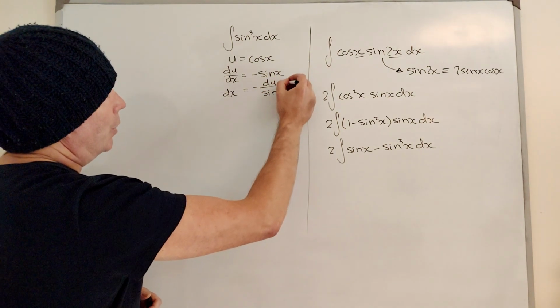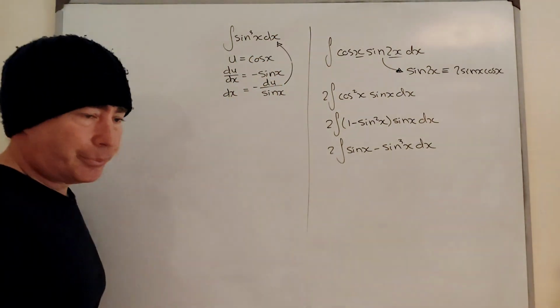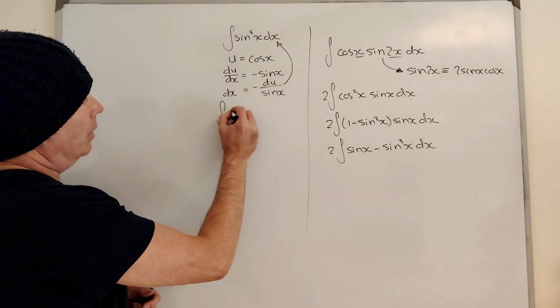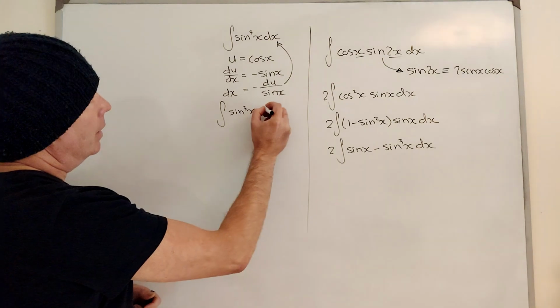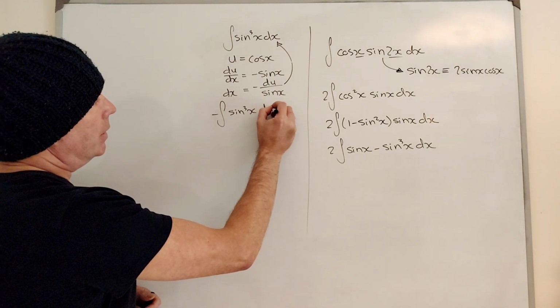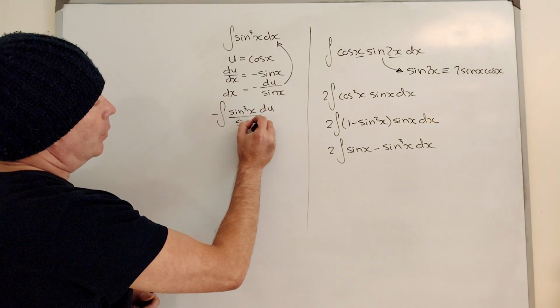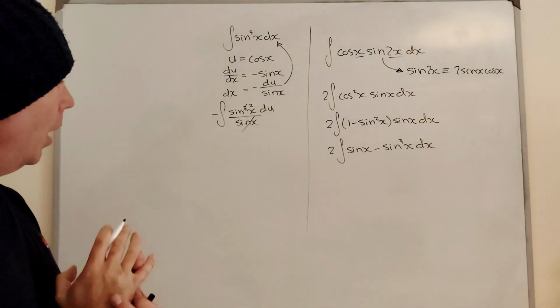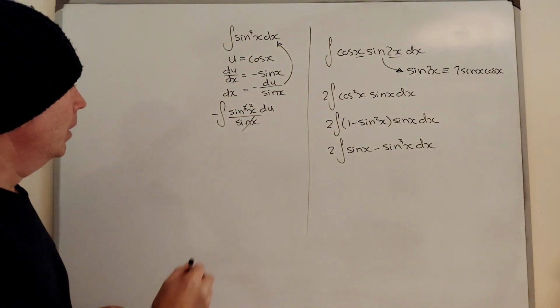Now I'm going to substitute this in place of dx, and you'll see something nice happens. The integral then becomes sin cubed x, negative outside, du over sin x, which allows us to take our power down by 1, making our integral a little easier.